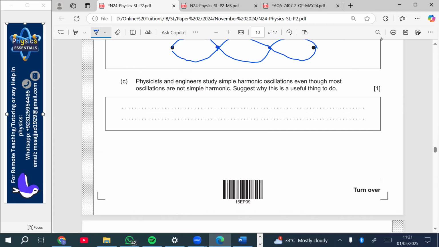Physicists and engineers study simple harmonic oscillators even though most oscillations are not simple harmonic. Suggest why. In the real world, the systems actually resemble simple harmonic motion for places where your damping is not that much.